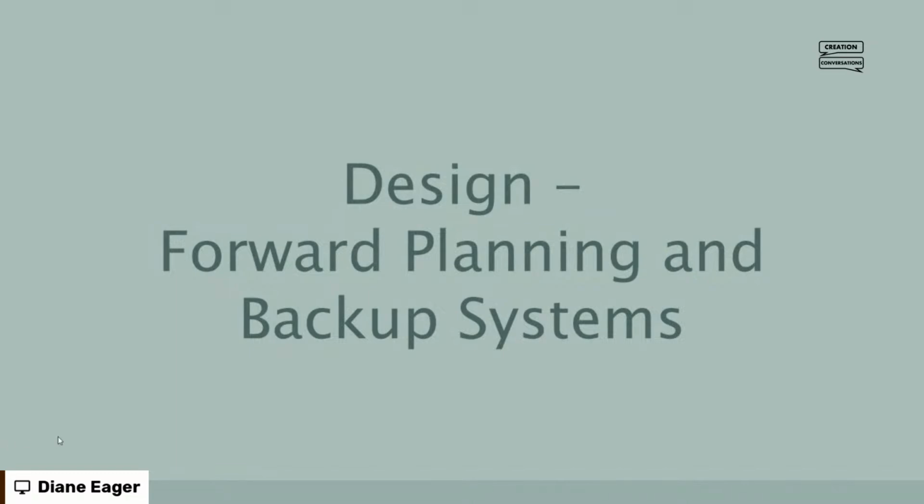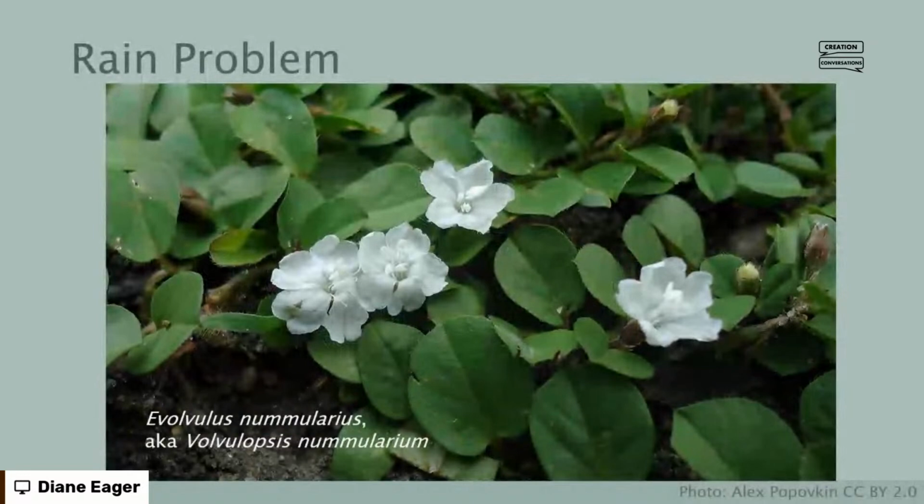Excellent. Yes, well, in the biological world, we have lots and lots of these examples of forward planning and backup systems. There are so many. So here are a few quirky ones from the fact file. This is a report we wrote a while ago relating to this little plant that's a very low-growing plant with very short-lived flowers.